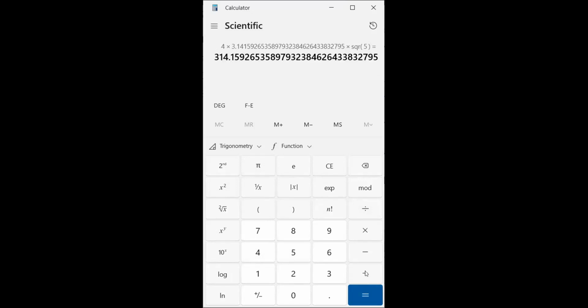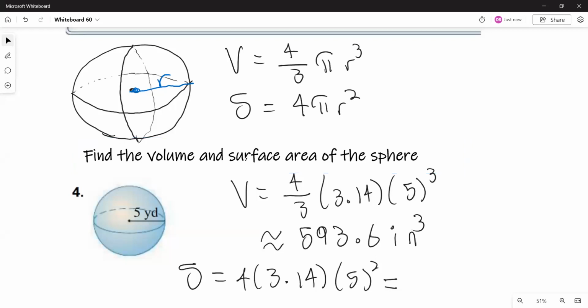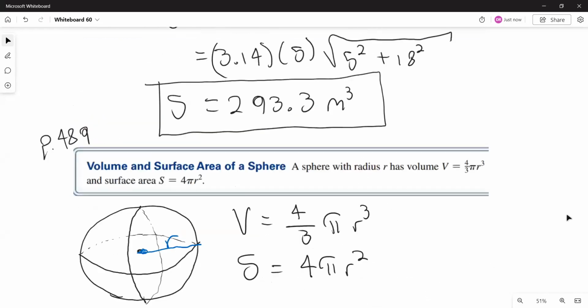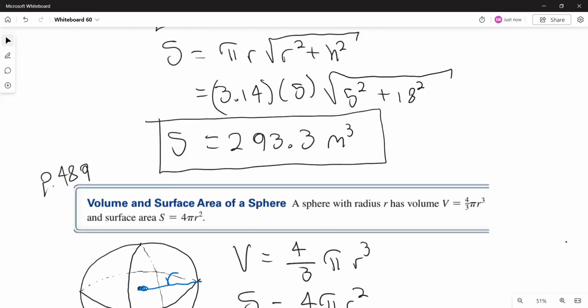So that's about 314. We're going to approximate this to about 314. That's surface area, so that's going to be in square meters because that's an area. Those are not cubic meters. Just fix that.